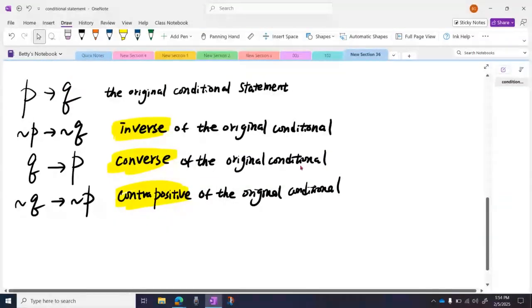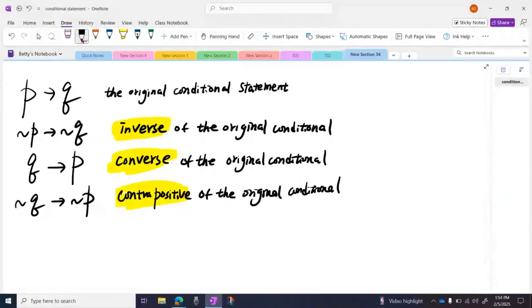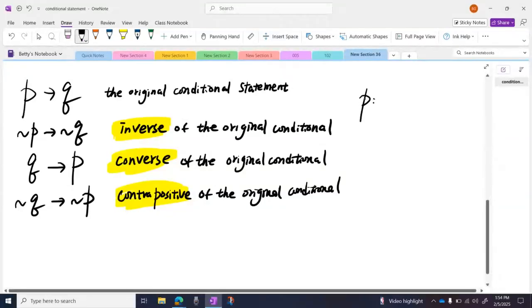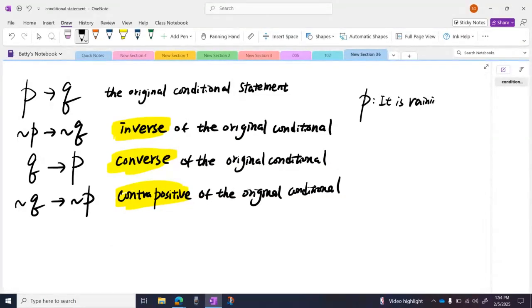Okay, as an exercise, I'm going to give you an example. Let's do it together. In the example, P is going to be a statement that says it is raining. Q is a statement that says the grass is wet.